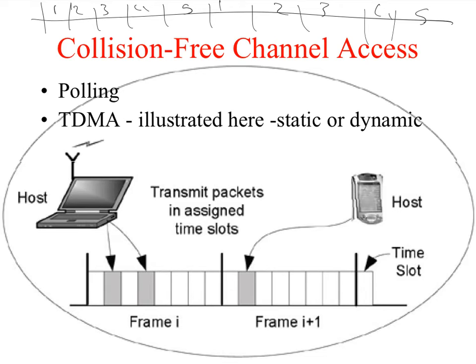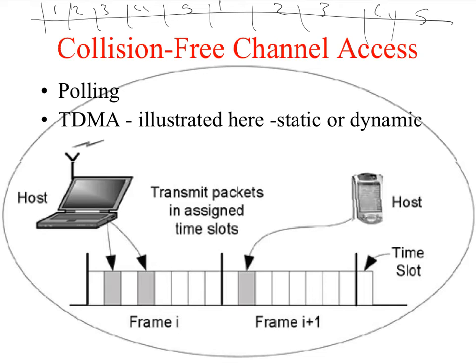But in general, and this is actually more practical, we don't have the same requirements in terms of traffic. Someone is playing a video, another one is browsing the internet. So intrinsically, we don't have the same requirements in terms of traffic demands, right? So that's why the collision-free is not as sweet as we can think.